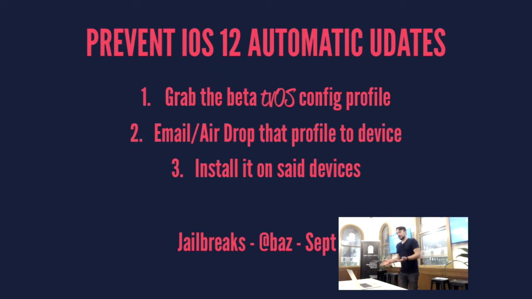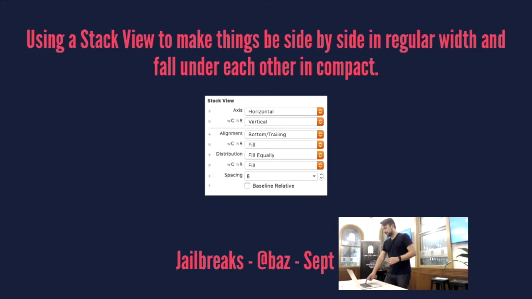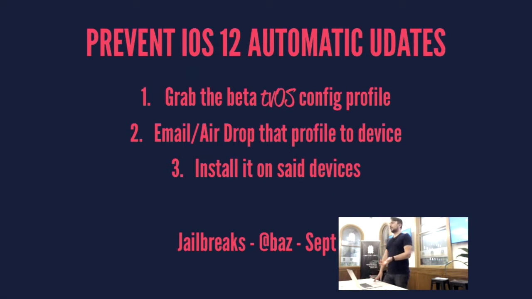Everywhere I've ever worked has had a pile of old devices that are stuck on betas or just not in between things. This will keep the phone where it should be. Install it on device. I think you can still update manually, I didn't add it here. This is just the automatic find. So that's a really good one. You could put that on your own phone anyway, and then you're in control.